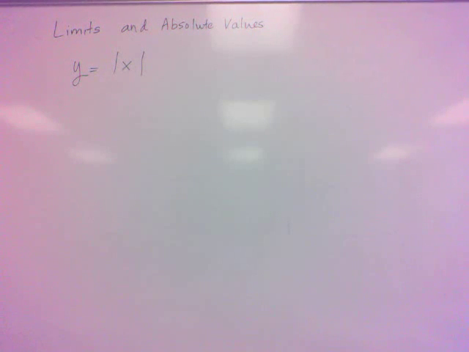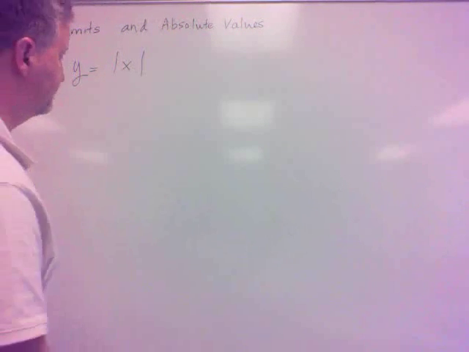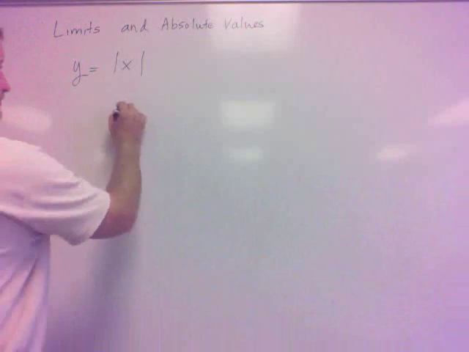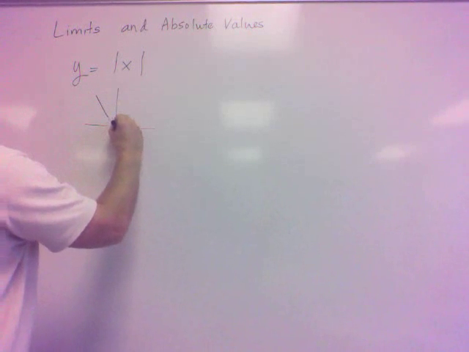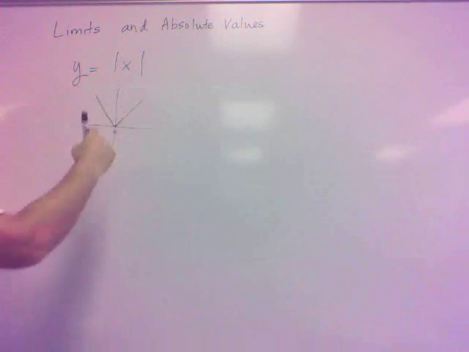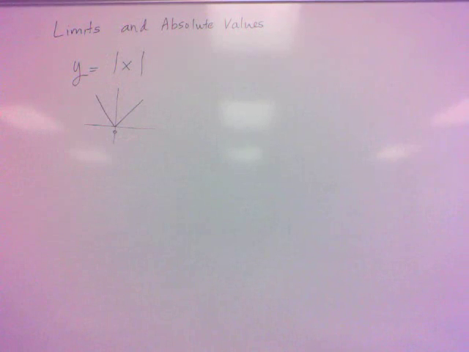Turns out with a limit, what I'm going to want to do with that is split that up and look at it from two sides, if you will, here. Two sides of the zero, where the graph V's right at 0, doesn't it, for that one? That's the V shape, and the V happens at 0.